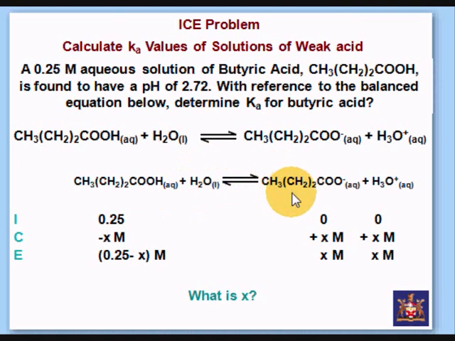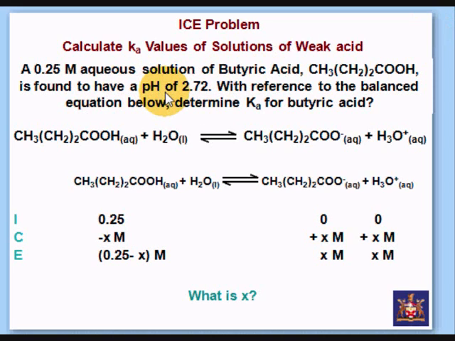Strike it off. These are on the right hand side, the formation side of the reaction, starting off with values of 0 and 0 in concentration, changing by plus x, and at equilibrium they end up as x molar and x molar, as opposed to the initial concentration of reactants, which reduces from 0.25 minus the x value.